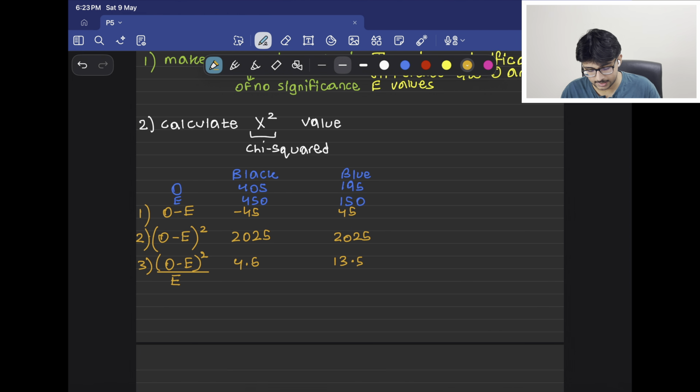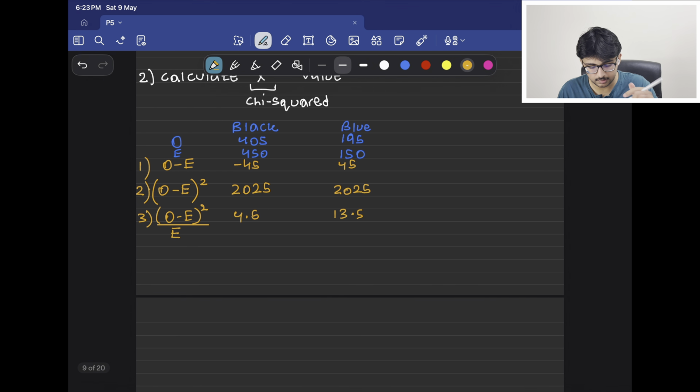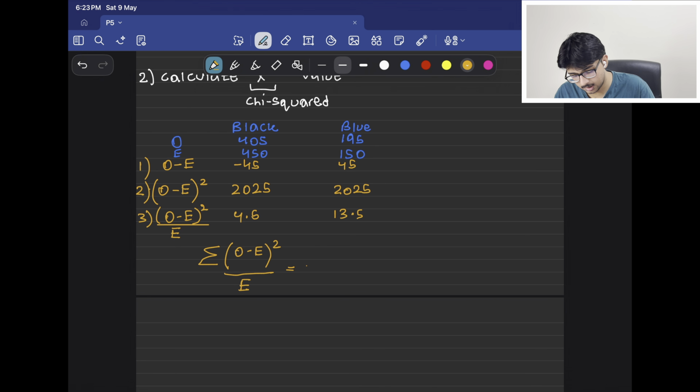Now, the last step, just like in Simpson's index of diversity, not the one minus, the one before that, take the sigma of observed minus expected squared divided by expected. And this comes out to be 13.5 plus 4.5, which in this case is going to be 18. This is your chi-squared value, which is 18. Now, step number three, which is determine the degrees of freedom.